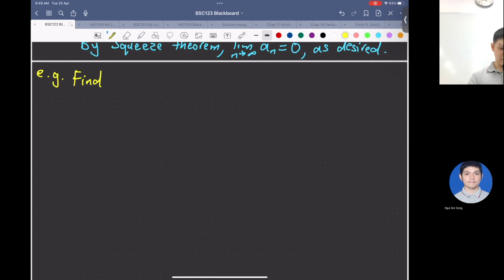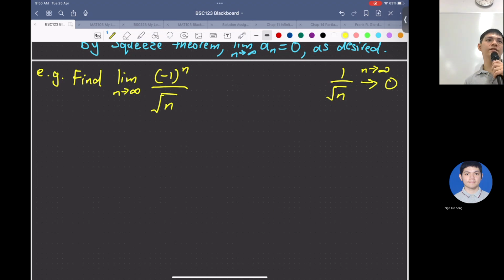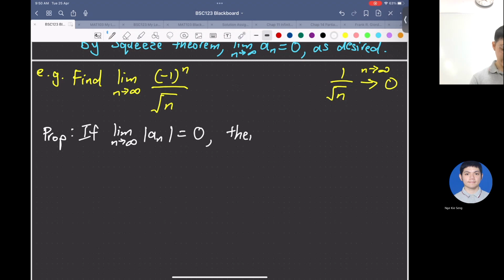For example, we all know 1 over square root n converges to 0, which we found as the first example. Let's say I want to find the alternating version of this sequence. I let it alternate. Does it still converge? Yes, it still converges. Why? Because of the property we have just now: if the absolute value of the sequence converges to 0, then the original sequence also converges to 0.